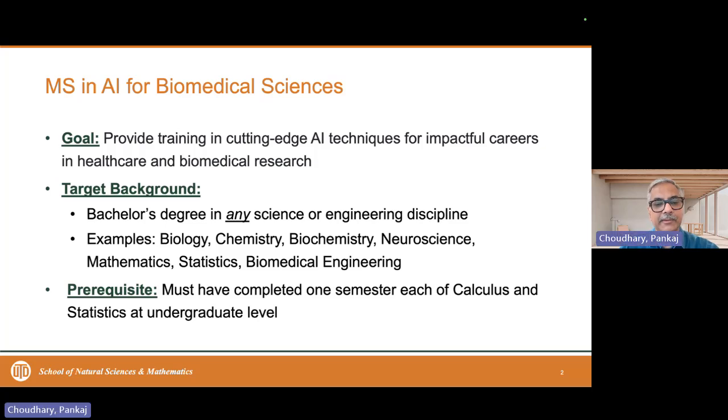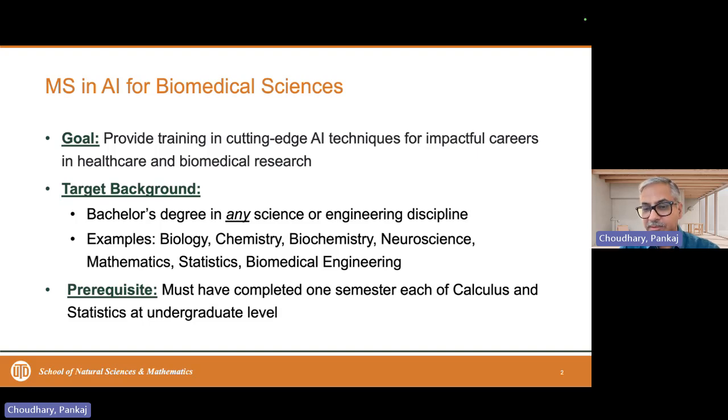This program doesn't require a whole lot by way of background. It only requires a bachelor's degree in any science or engineering discipline. So you don't have to be a computer science major or a mathematics or a statistics major. This program is specifically designed for students who have a bachelor's degree in any science or engineering discipline.